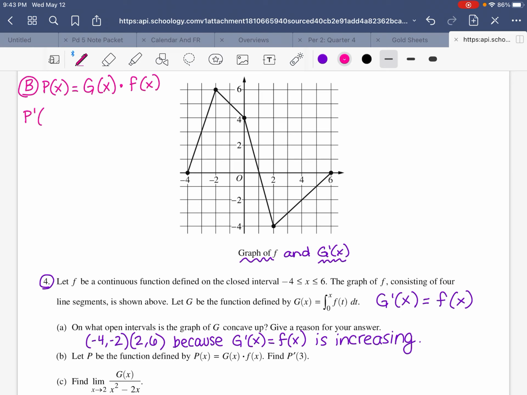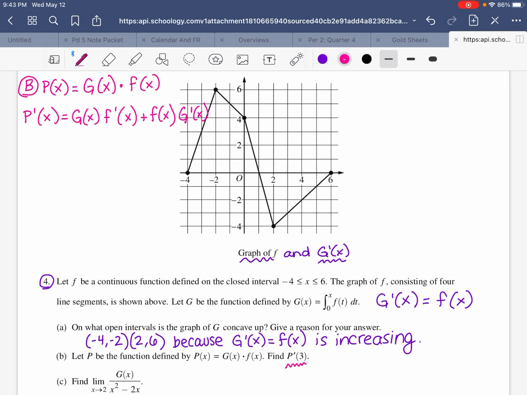Well, before I can find the derivative at 3, I need to just find the derivative. This is going to be a product rule, first and second. Here we go. Product rule says first, just copy it over, times the derivative of the second, f prime of x, plus the second term, f of x, times the derivative of the first, g prime of x.